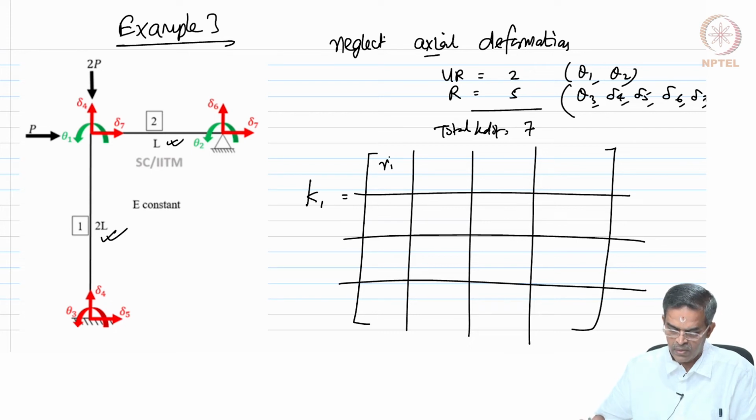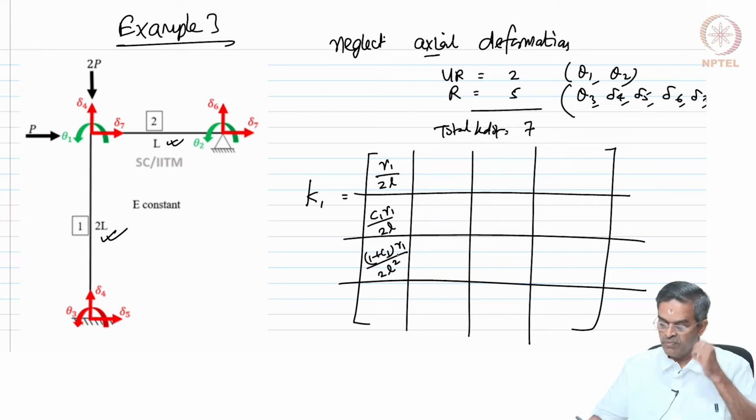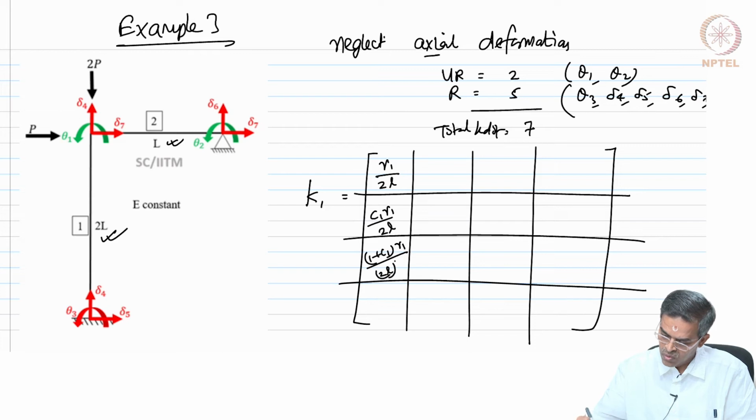R1 by 2L, 1 plus C1 R1 by 2L. So, 1 plus C1 of R1 by 2L square, sorry, by Li square. So, that is 2L the whole square.